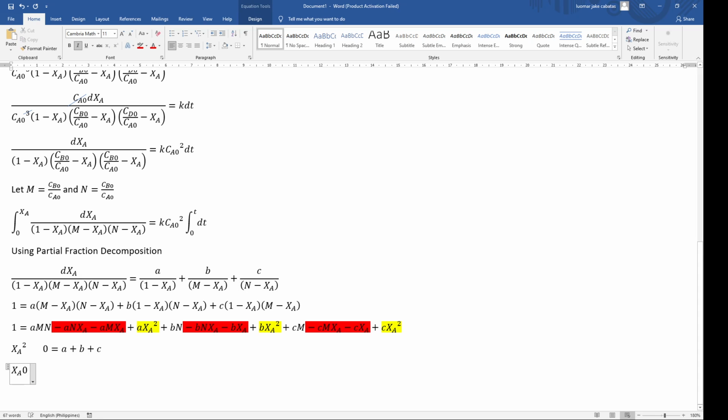So again, start with 0 is equal to negative am minus am minus bn minus b minus cm minus c.